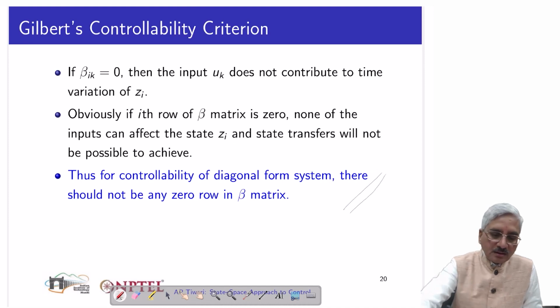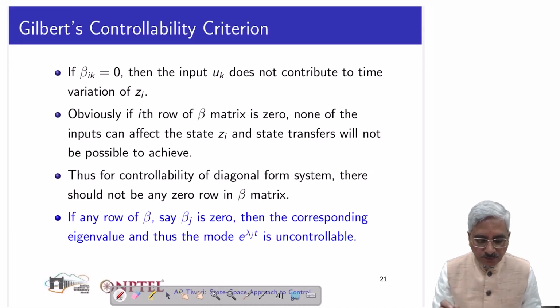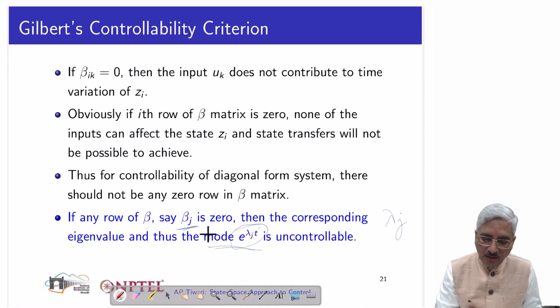This is already stated. So if any row of beta, say jth row, is 0, then the corresponding eigenvalue lambda j will be treated as an uncontrollable eigenvalue, and the corresponding mode e power lambda j t, this one, is the mode which is uncontrollable.